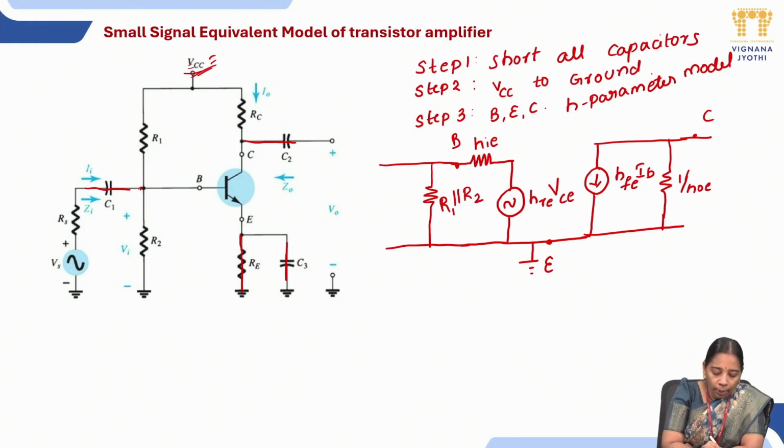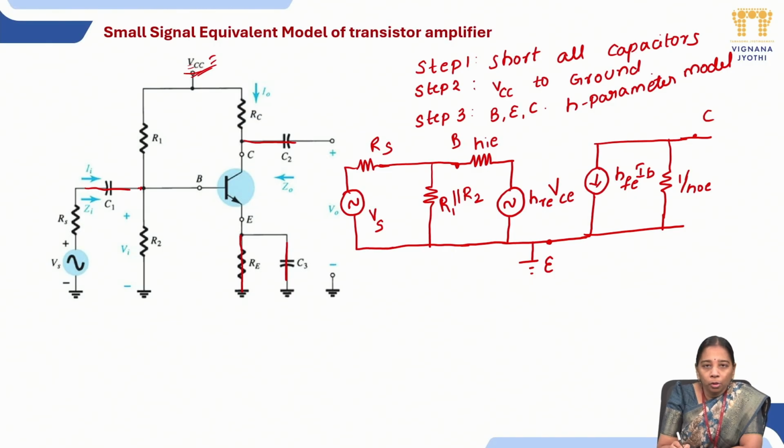Next, with this base, we have one more connection, RS. Here again we have short circuited the capacitor and we have the source resistance RS, which is connected to VS. So we have now completed the connections to the base.